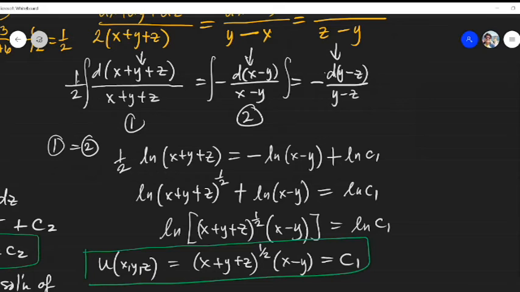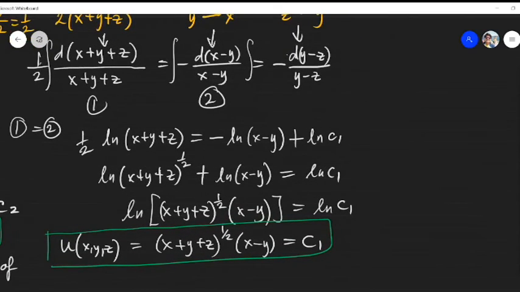Okay, and for combining, let's say the second and third fractions, so we have pairing the second and third.